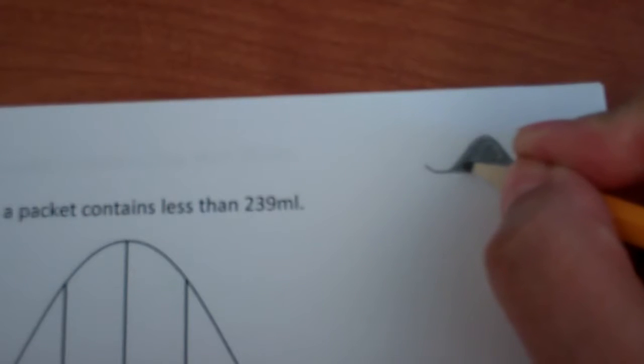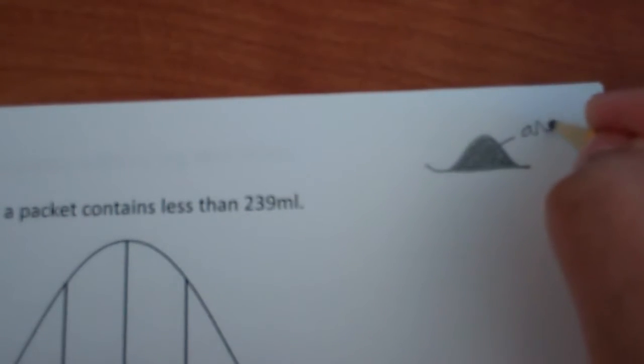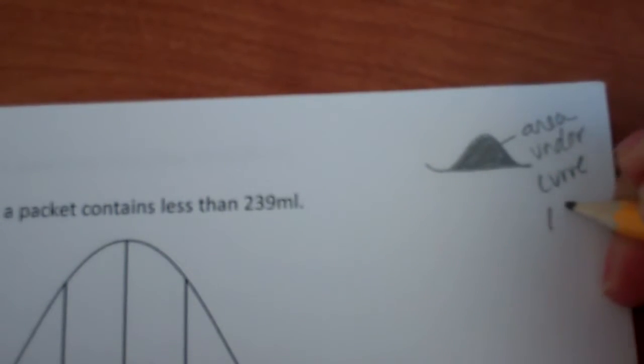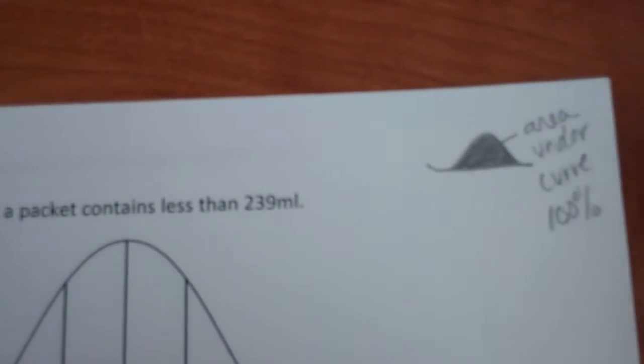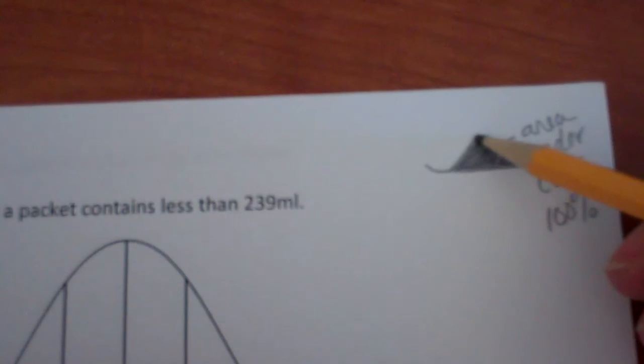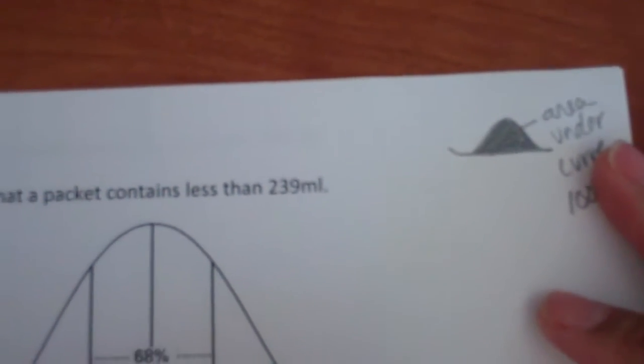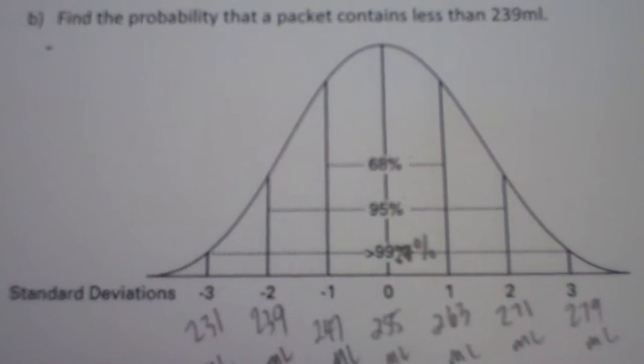And so that whole area colored in, area under curve, is equal to 1 or 100%. So when you hear me talk about area under the curve, I'm talking as if I colored the actual area in. So, back to our question.